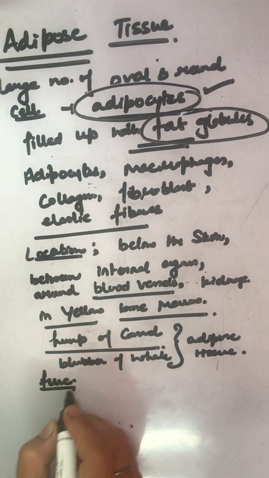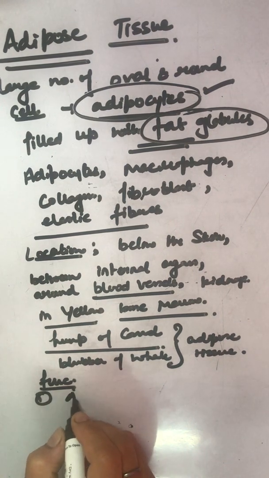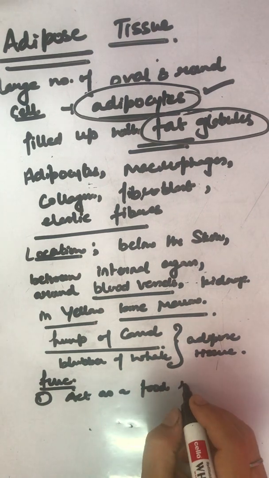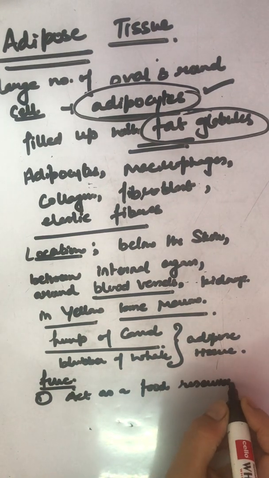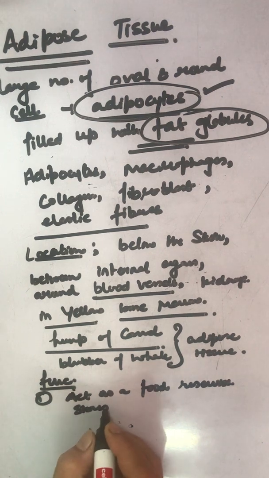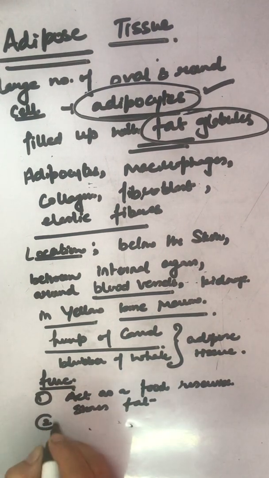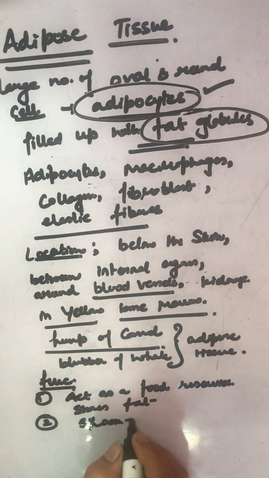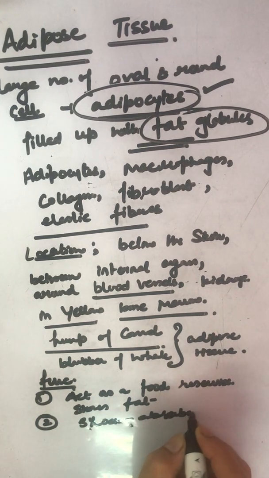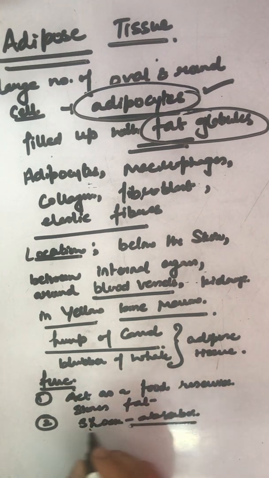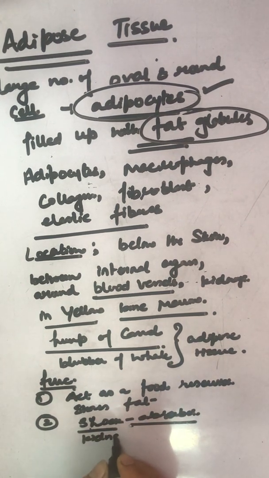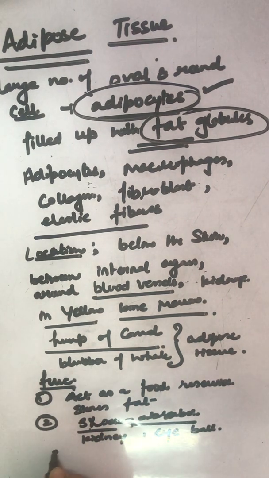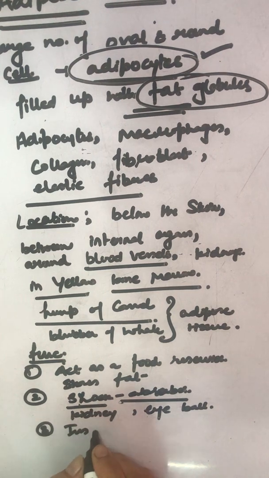Now the function. First of all, act as a food reservoir because it stores fat. Number 2, it also acts as a shock absorber. Where mainly? Around kidney and eyeball. Third, act as insulator.